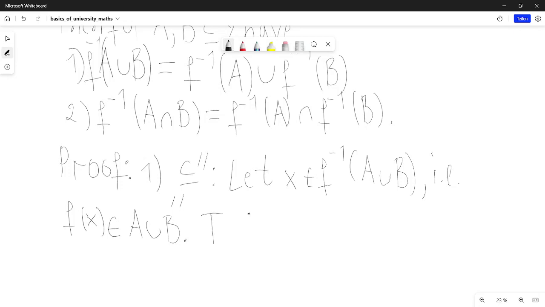Okay, you should immediately see it. You see f of x is in the union of A and B. So it is in A, or in B, or in both. And then you could choose it is in A or in B because it is symmetric. If it is in A, well, then it is in here. If it is in B, then it is in here. So in total it is in here. When it is in both, it is in particular.